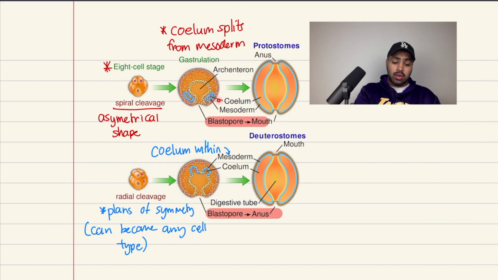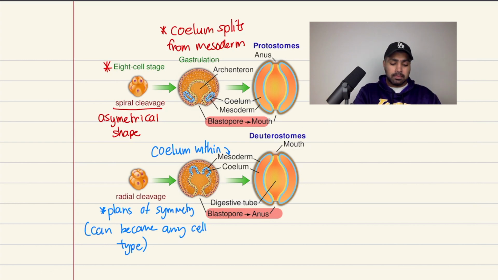Just remember that. So notice how the coelom is not part of the mesoderm; it's kind of separated, and this will eventually cause, as the protostome formation proceeds, the blastopore, the first thing that develops, to become the mouth. So the blastopore goes to the mouth.